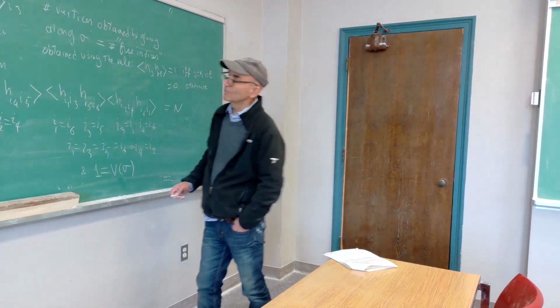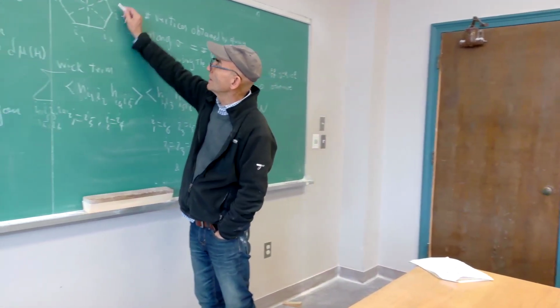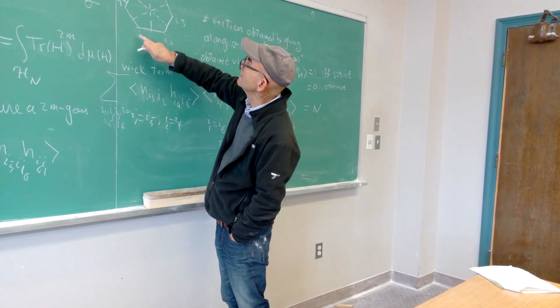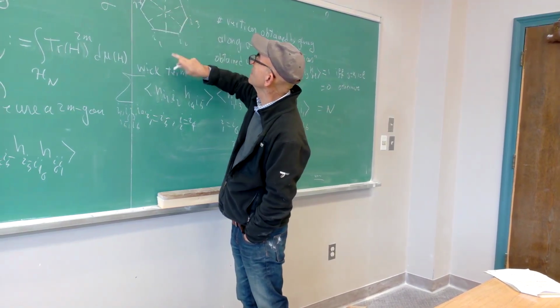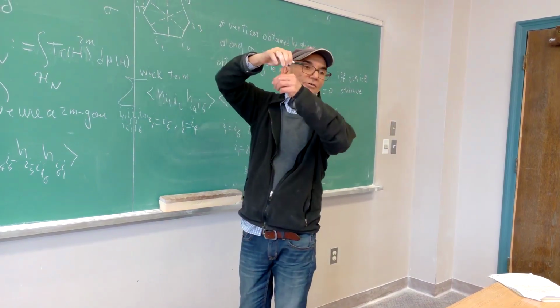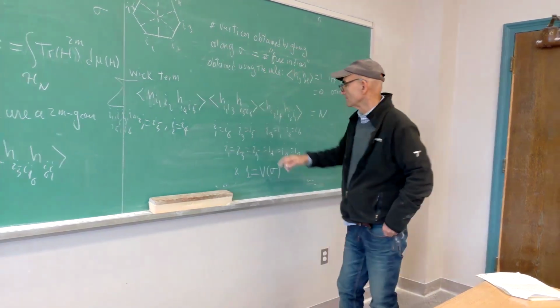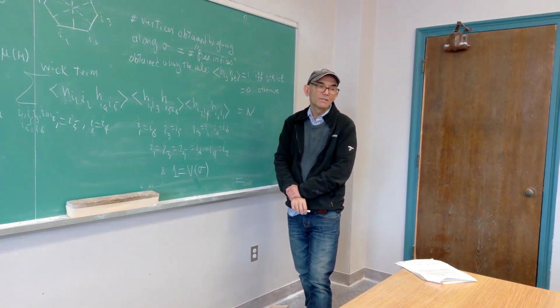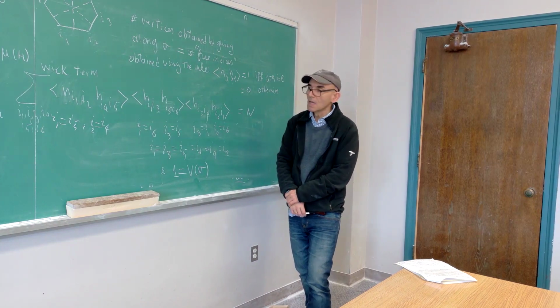Just think about it for a second. How many identifications are we doing? We have identified this with that, in this case this with that, this with that, and so on. So eventually we're going to get only one vertex, which is the number of free indices. And that's it.